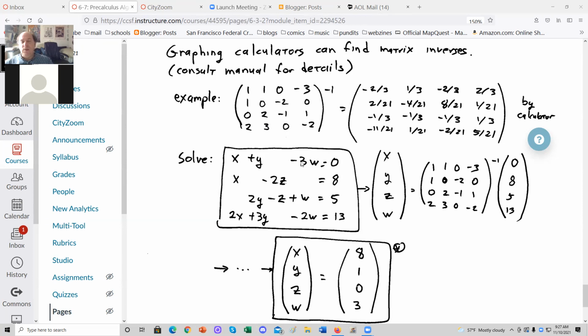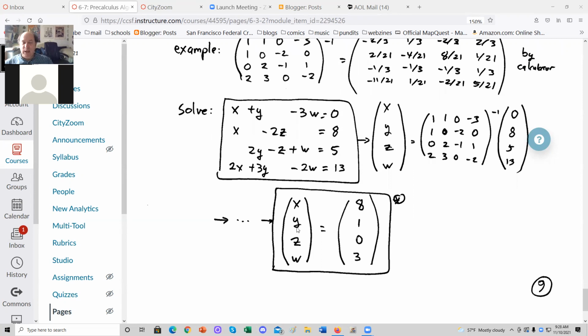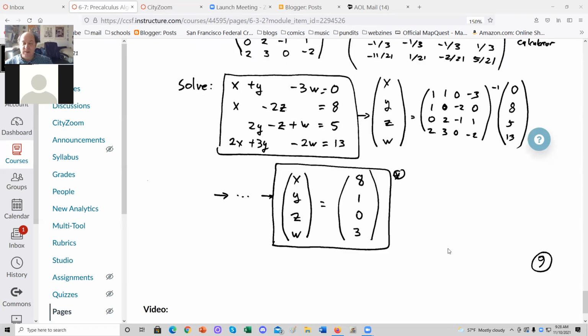Change it into a matrix problem: x, y, z, w equals this matrix inverse times 0, 8, 5, 13. And using this and multiplying by this, we get x, y, z, w equals 8, 1, 0, 3. There you go. x is 8, y is 1, z is 0, and w is 3.